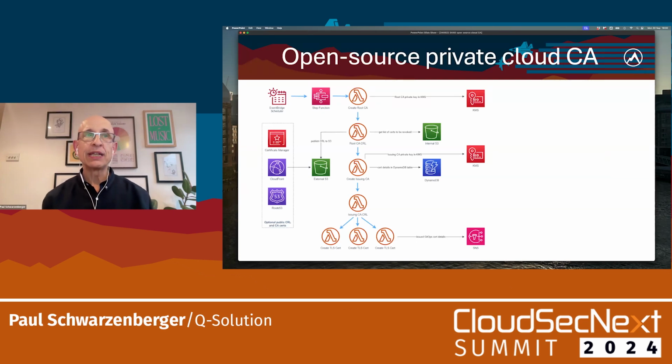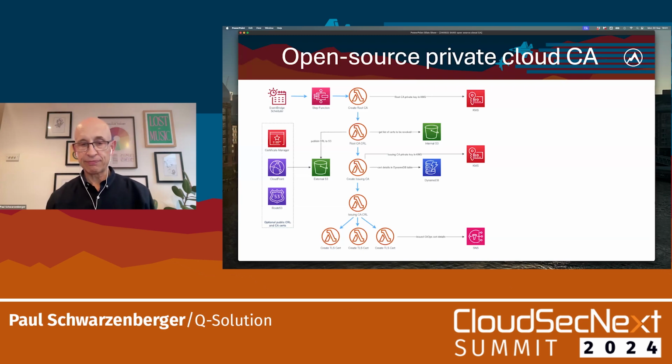What we came up with was to make use of serverless functions. We have Lambda functions, which are used for different tasks within the certificate authority: creating the root certificate authority, creating the issuing certificate authority, publishing certificate revocation lists, and publishing the end user and end device certificates.